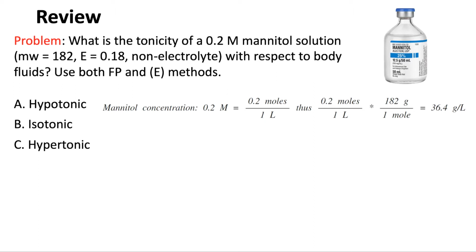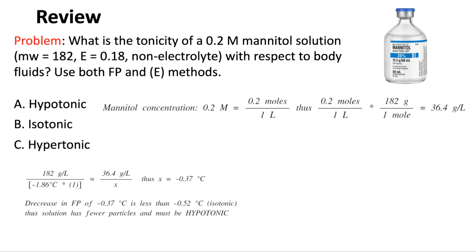So let's start with the freezing point depression method. This formula is the one you should have remembered, or hopefully memorized, from part 1 about isotonic solutions. We can use this formula to calculate the freezing point depression caused by a solution of a chemical by putting its molecular weight in grams per liter in the numerator of a fraction.